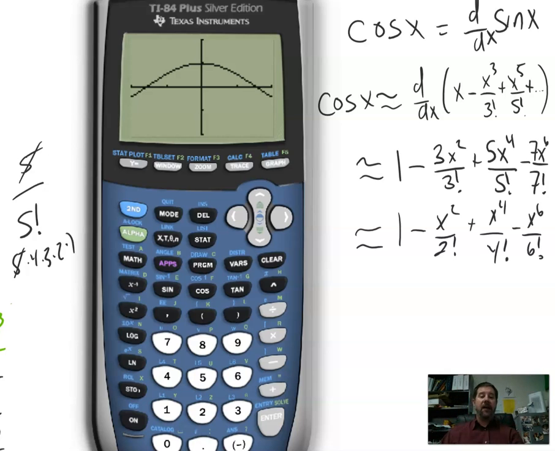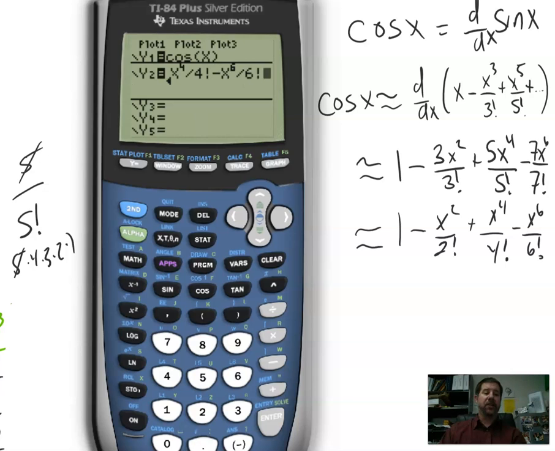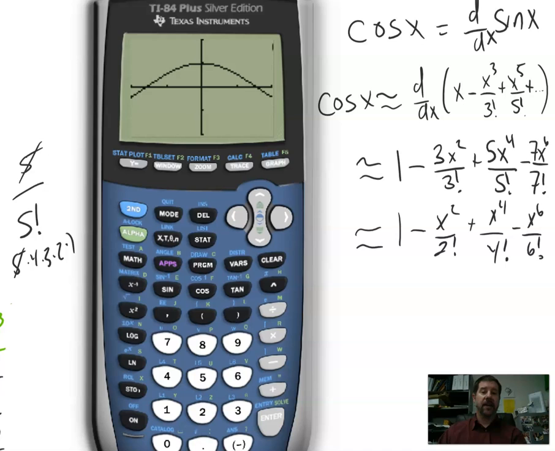And so let's see now if that is a pretty good approximation for the cosine of x. Okay, so I've entered in our new approximation and cosine of x, and wow, you don't even see anything. It's that good. It is that close. Let's zoom out a little bit.